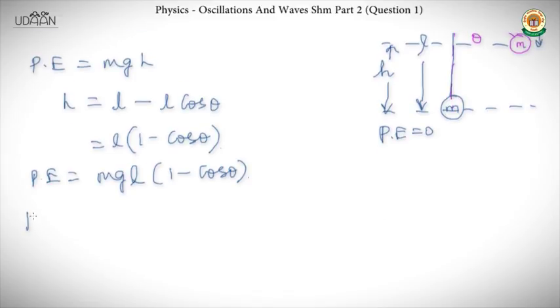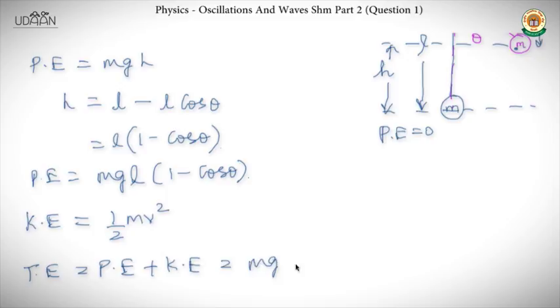And then kinetic energy, which is KE, will be half mv square. V is the velocity of this bob. So the total energy, as you know, is the sum of potential plus kinetic energies. So we'll be writing that, which is mgL into 1 minus cos theta plus half mv square.